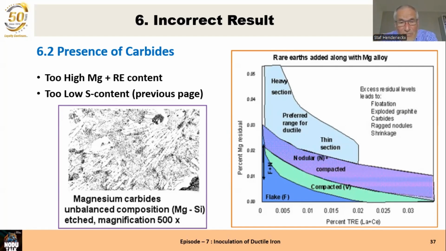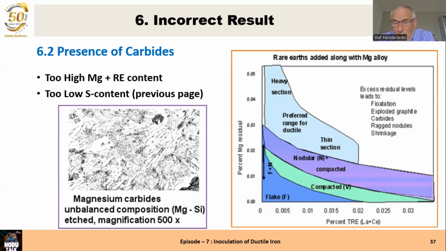If we take the magnesium and rare earths, then we take the lanthanum plus cerium. You can see there, if you add 0.02% rare earths final in your metal, you will always have problems unless you have a very thin casting that solidifies immediately, because the things you have, flotation, exploded graphite, carbides, shrinkage, they are a process.